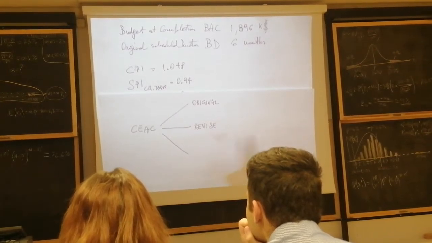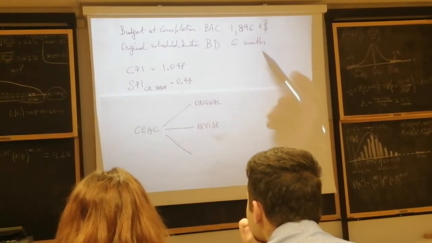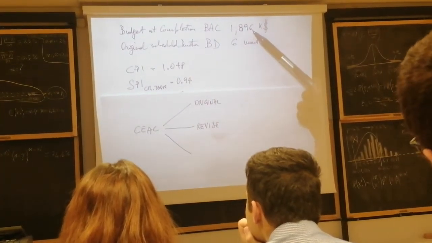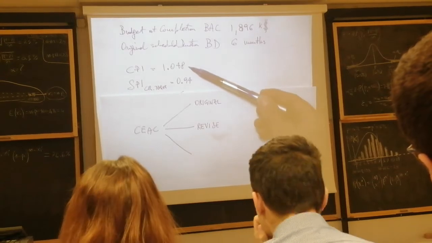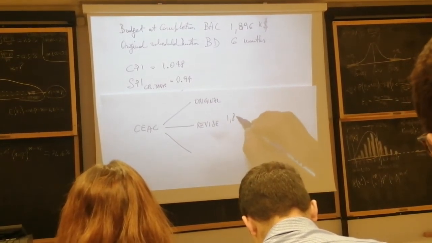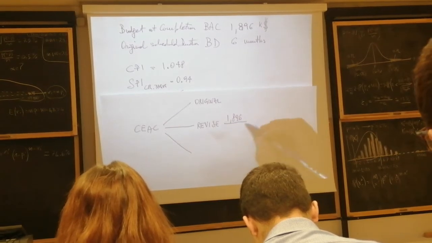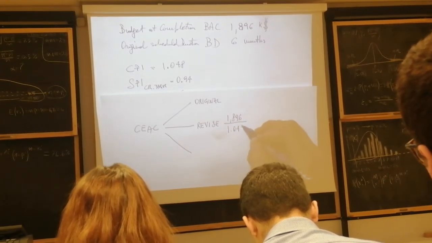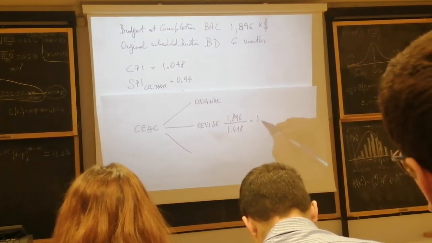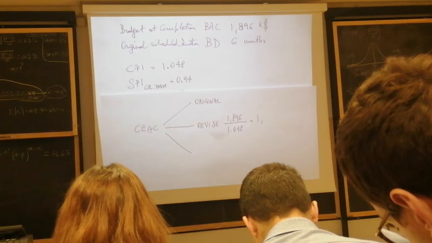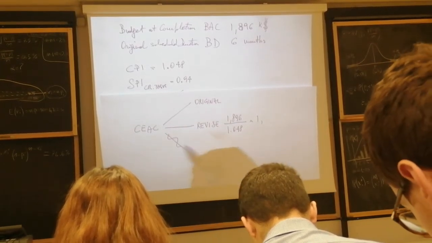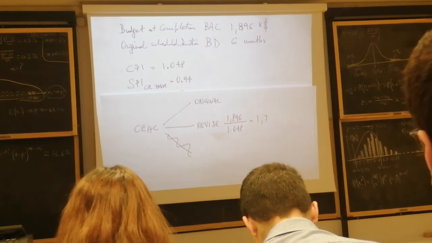Let's start with revise. Revise, it's easy, right? Because we get the full original budget and we divide this by the CPI. So if I just write that I have $1,196,000 over 1.048, I get a cost estimate which is 1,000,000, 1,700,000, and so on.